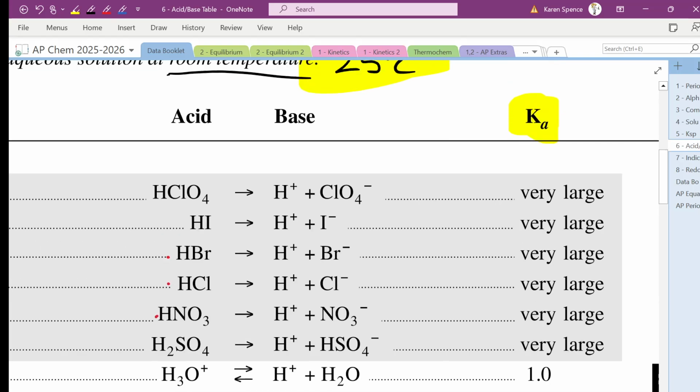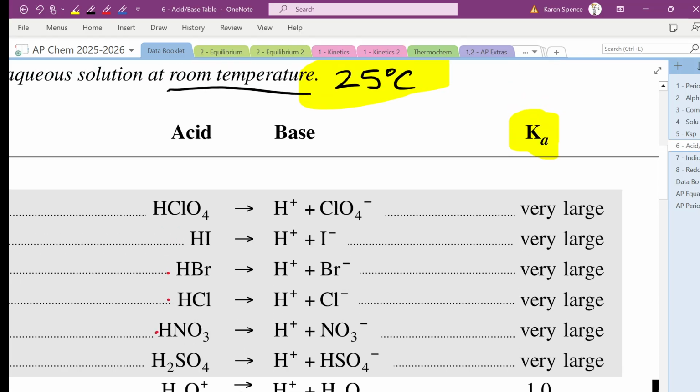And they are given a K value. In this case, it is the KEQ for an acid, so we call it a Ka. That is just KEQ for an acid. And all of these have one-way arrows.